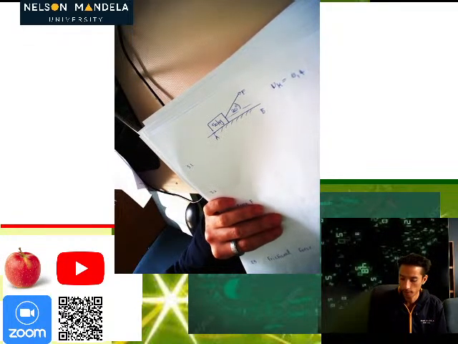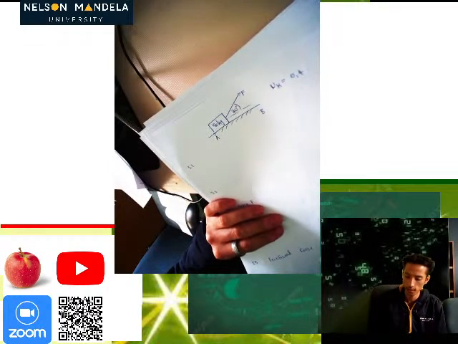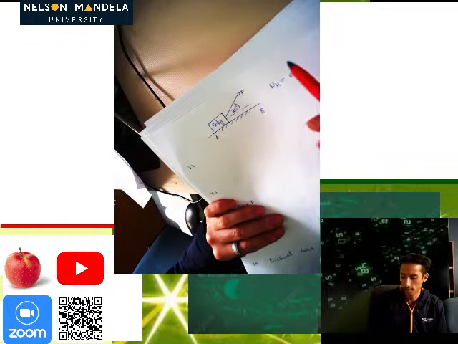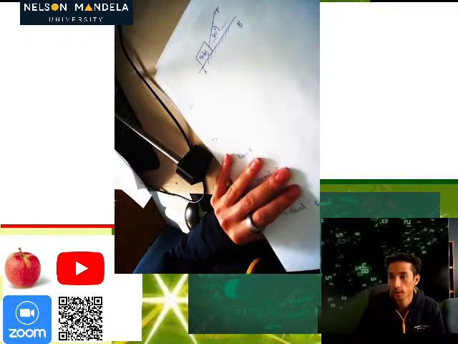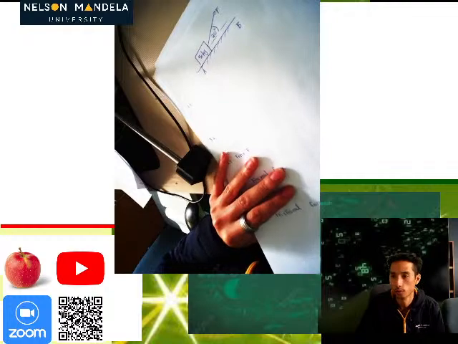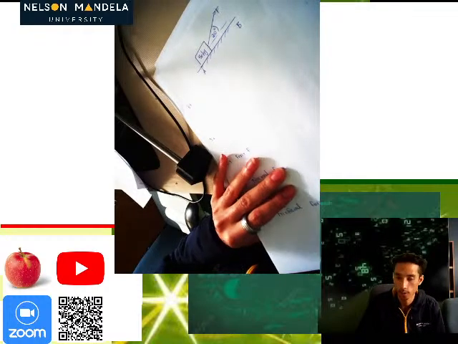The coefficient of kinetic friction is a dimensionless quantity, so that means it has no unit. So 3.1 asks us to draw a labeled free body diagram.